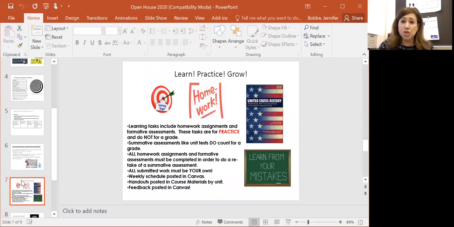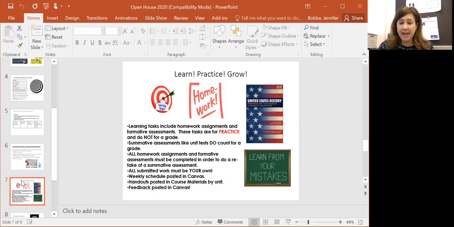Summative assessments do count for a grade, and this year students do have the opportunity to do a retake of a summative test or revise a paper that serves as a summative assessment.